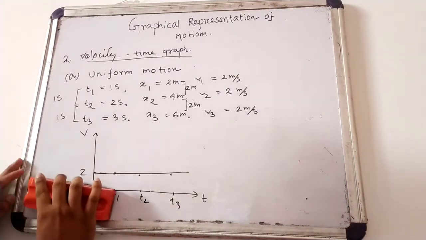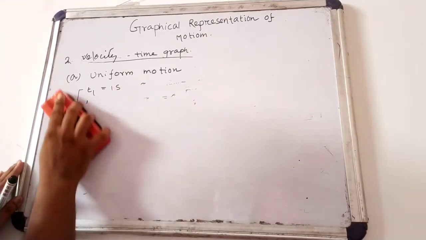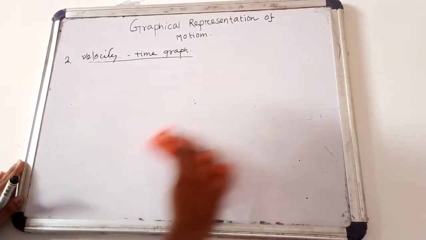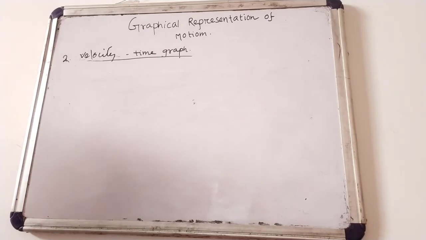Okay. So next we will discuss the velocity time graph for uniformly accelerated motion. Uniformly accelerated motion means your velocity will increase at a constant rate.